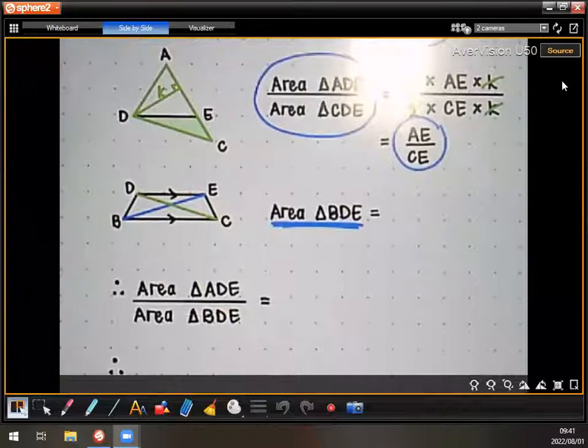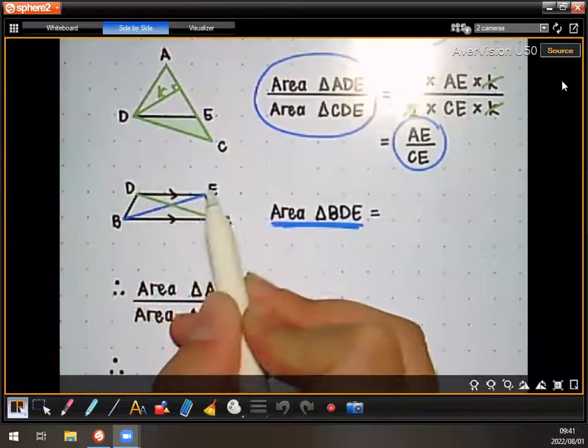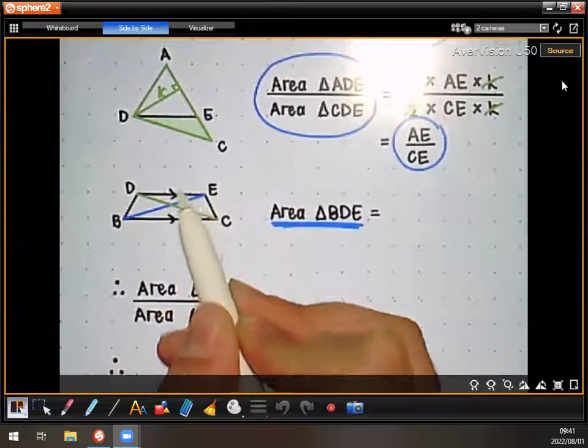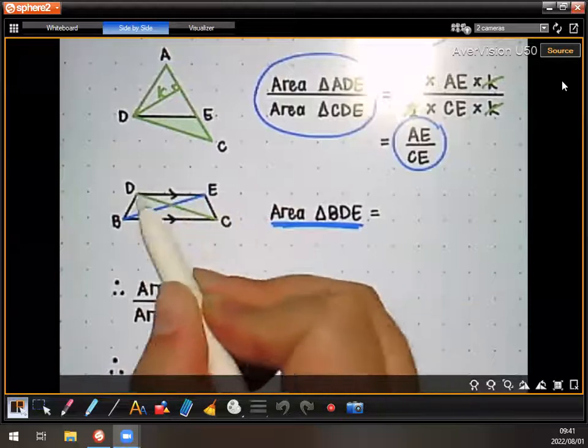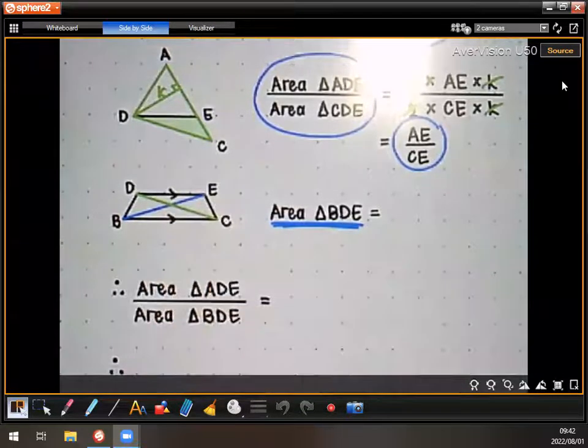Just fill that in as well. Now, guys, if we're looking at BDE, the blue one, can we say that DE is the base of the blue triangle? And if we're now looking at the green triangle, can we say that DE is also the base of that triangle? Right? So they have the same bases.